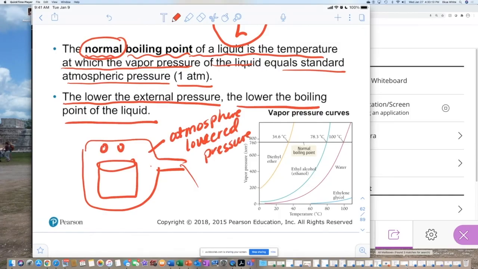So if this originally had a lot of gas molecules, the liquid in here will have to have, let's see, 1, 2, 3, 4, 5, 6, 7 gas molecules to boil. By evacuating some of the gas from around the container, they ended up with fewer gas molecules. Now the standard the vapor has to reach is much lower.